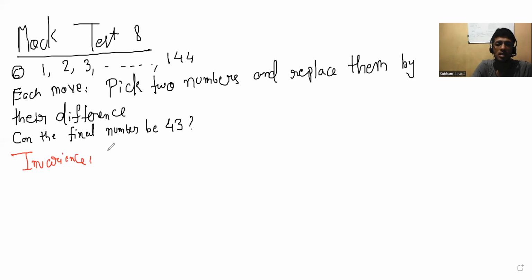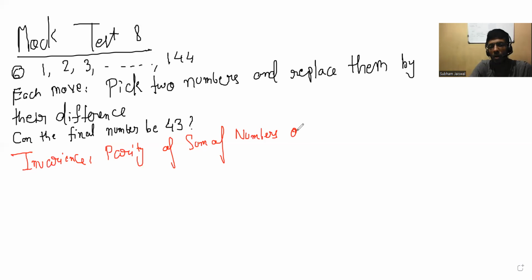It's as if we are looking at a plus b and replacing this plus by a minus. But the parity of a plus b and a minus b is the same, so the parity does not change.